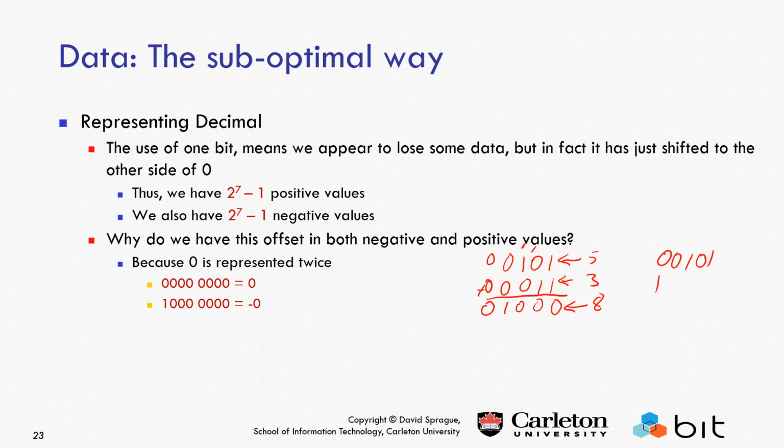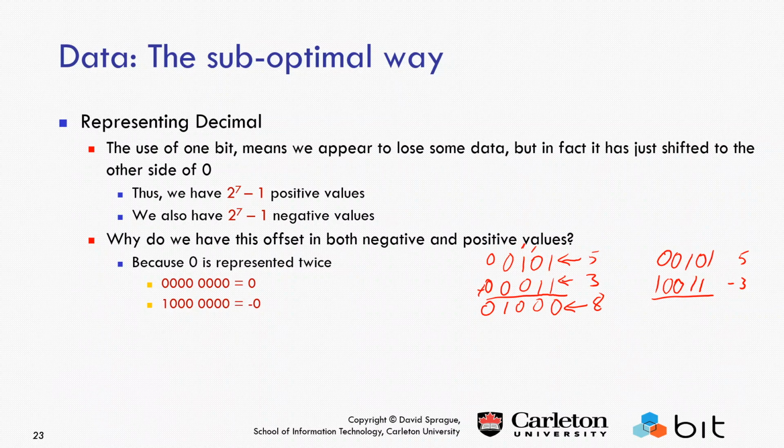Negative 3 is 10011. 5 plus negative 3, I'd expect the value to be 2. But now I need to figure out how to subtract things. The math is just going to get ugly as hell. And I need to look at that first bit and go, oh, it's a negative value. So now I'm going to subtract things off. And now I have to do carries.